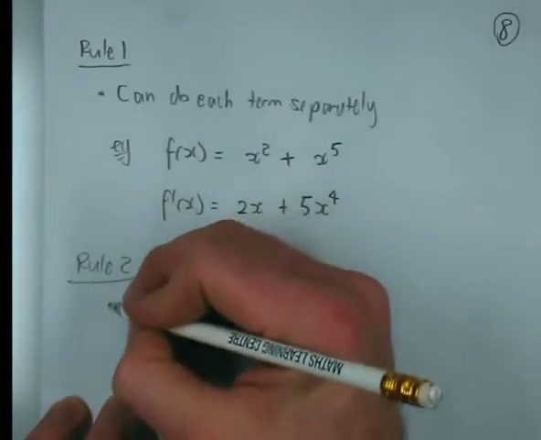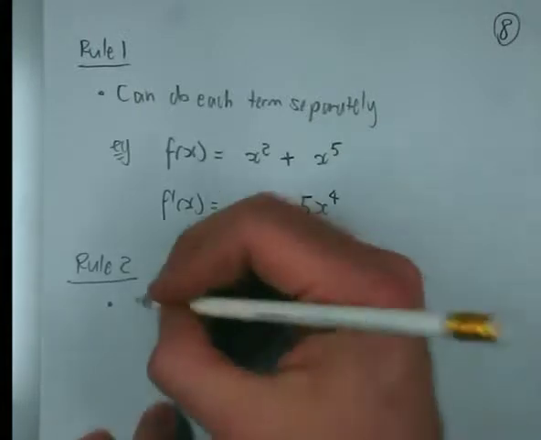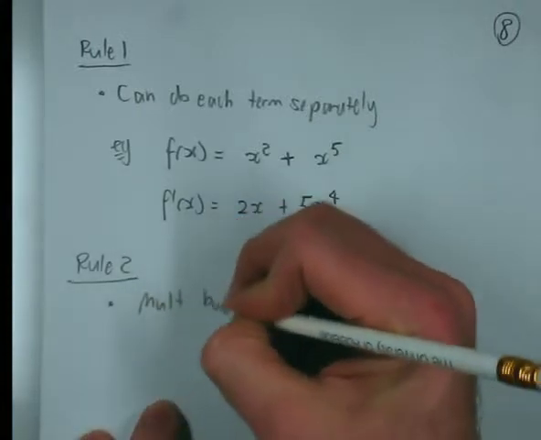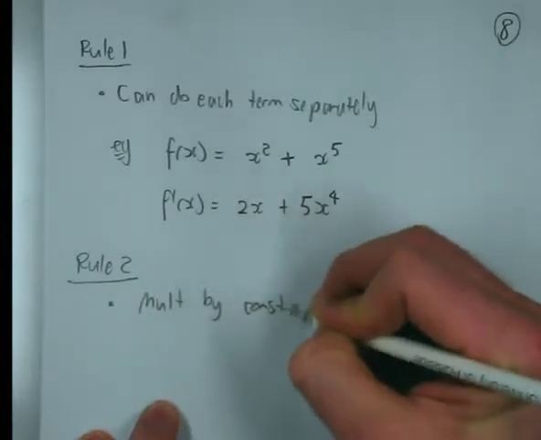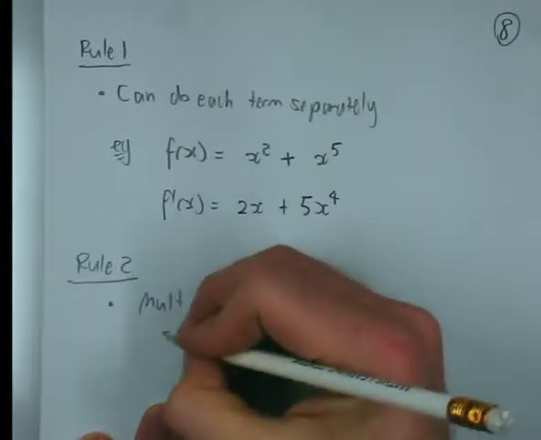Rule number 2 says that if it's currently multiplied by a constant, then that constant will still be there after you differentiate. So if you multiply by a constant, then that constant will still be multiplied afterwards.